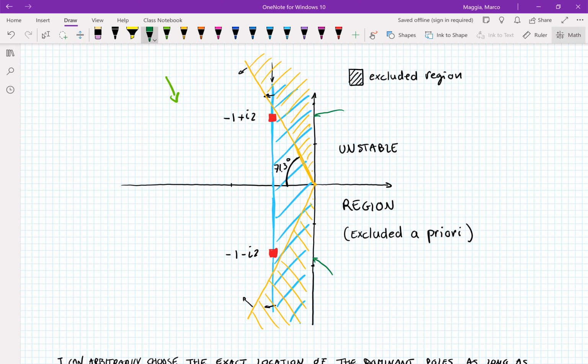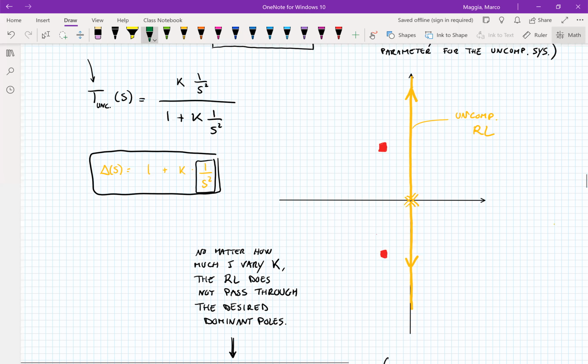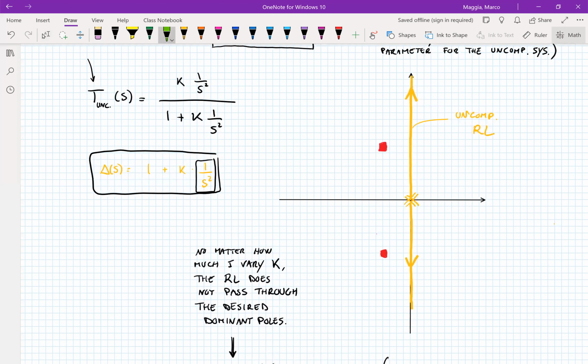The imaginary axis is in our forbidden region when it comes to meeting the specifications. So indeed, we need to introduce a lead compensator to bend the uncompensated root locus so that it'll pass through the dominant poles. So this is s dp1 and s dp2.